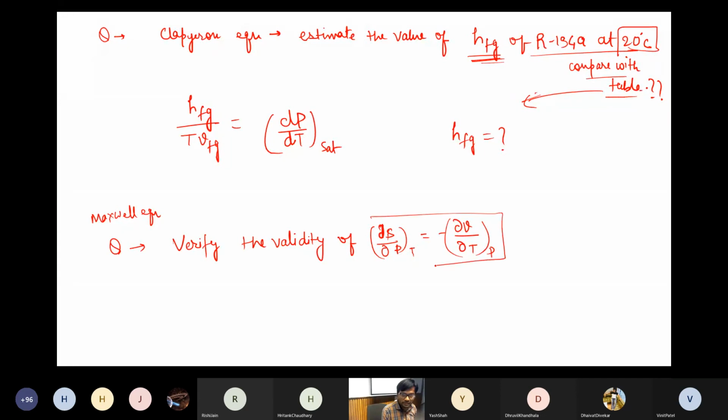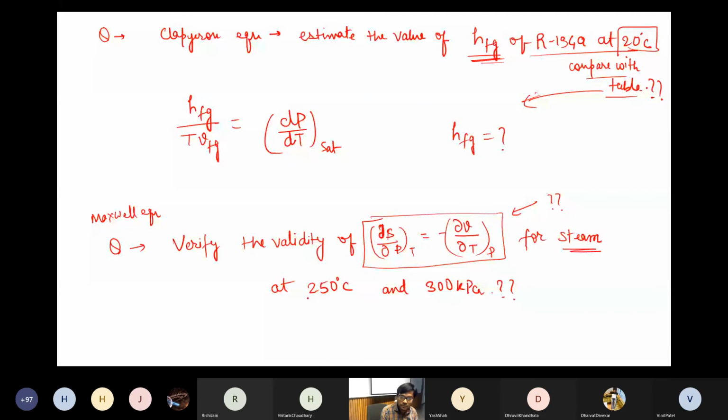So we need to check the validity of this particular equation for the data for steam at 250 degrees C and 300 kilopascal. So how to check the validity, how to verify that these two expressions are equal or not.